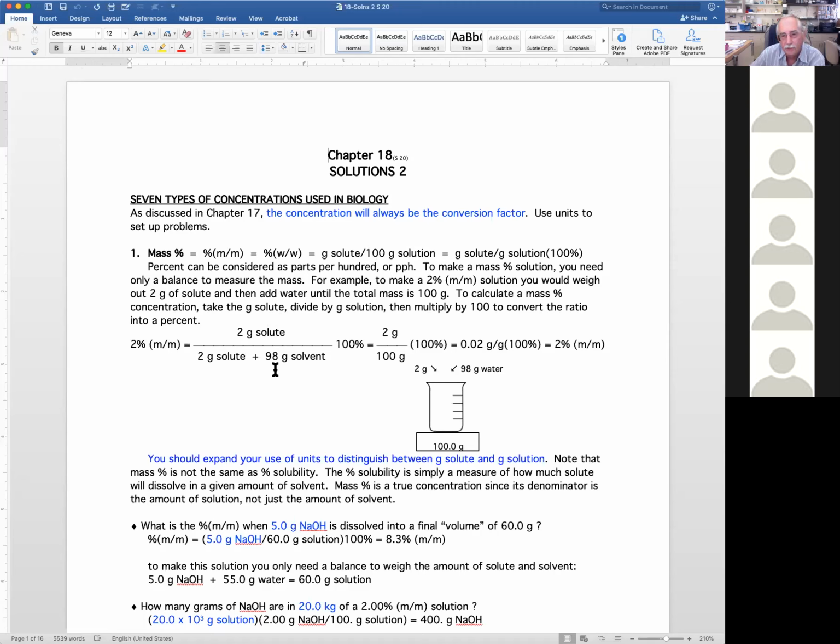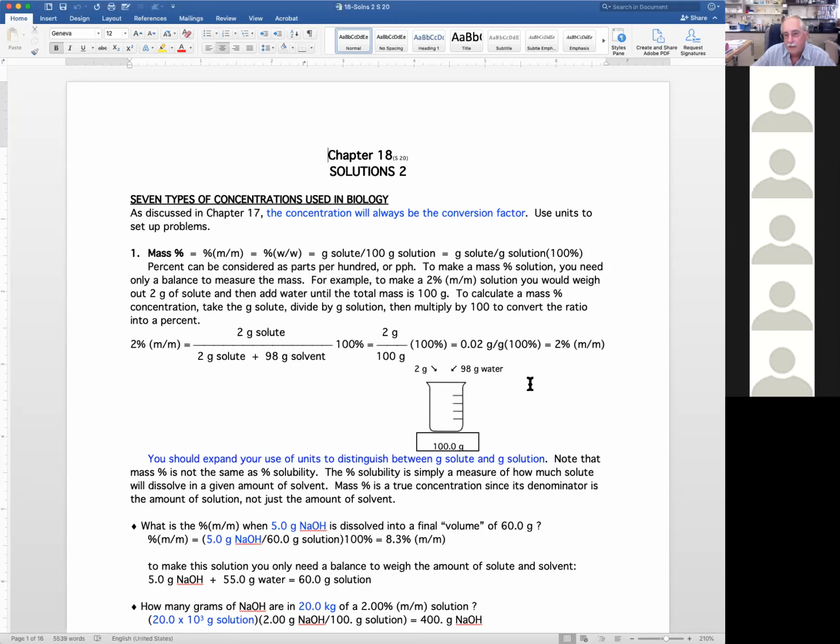So notice what we're really doing is we're taking the mass of the solute and the mass of the solution and dividing, and we would get 0.02 grams per gram, right? But then we turned it into parts per 100 by multiplying by 100.